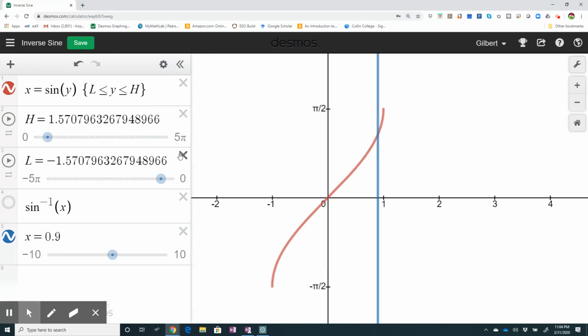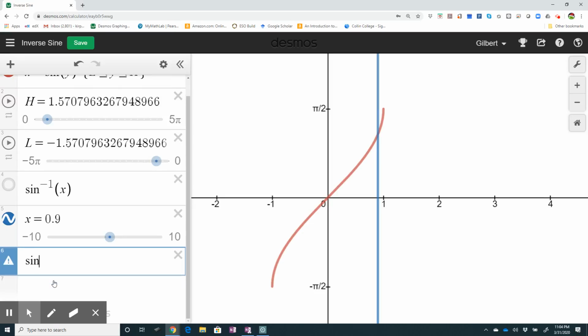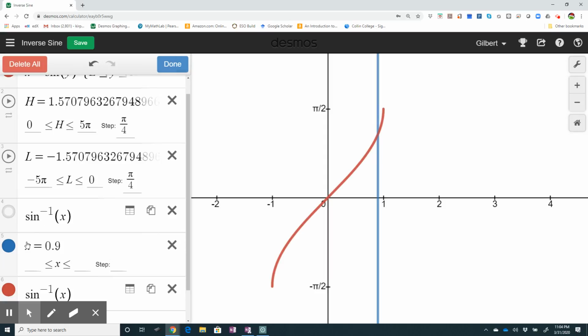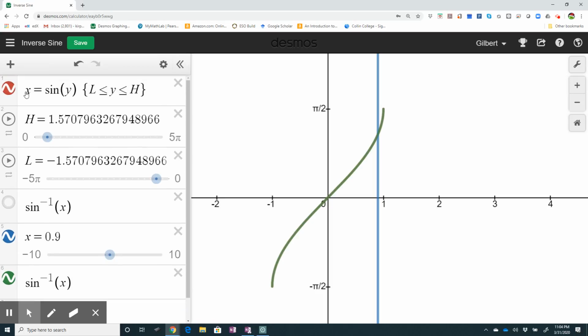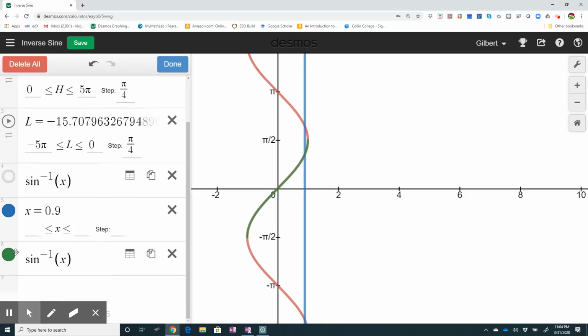So notice here on the graph, I put x equals sine y, and I got this picture. But Desmos knows that there's sine inverse of x. Let me extend this all the way down, and we make it a color that's not green.